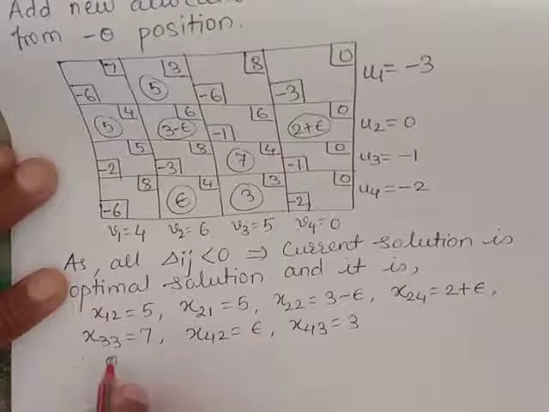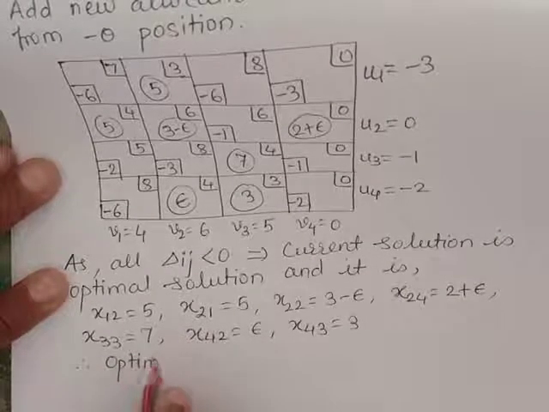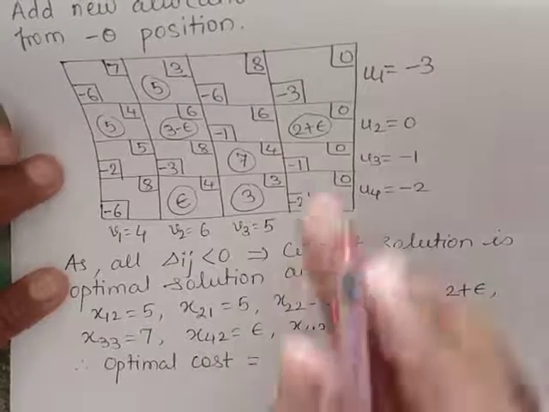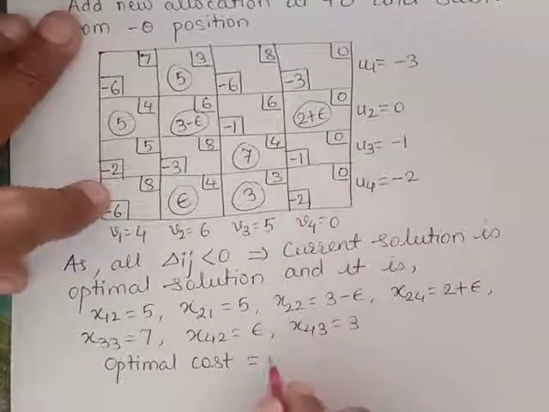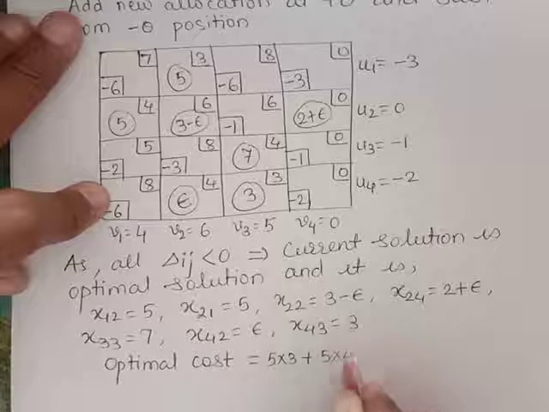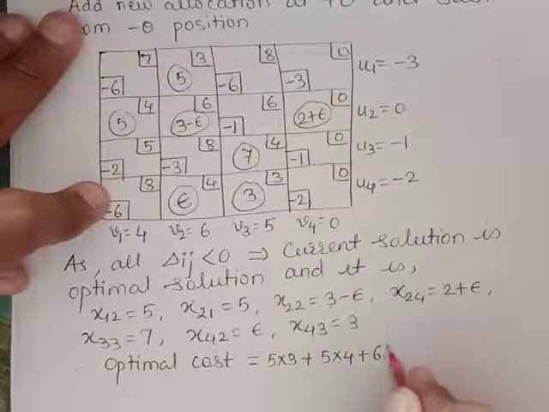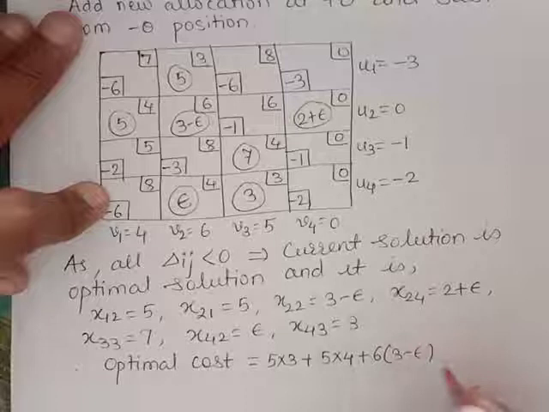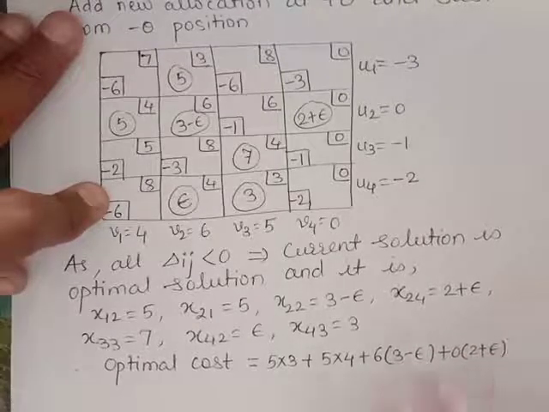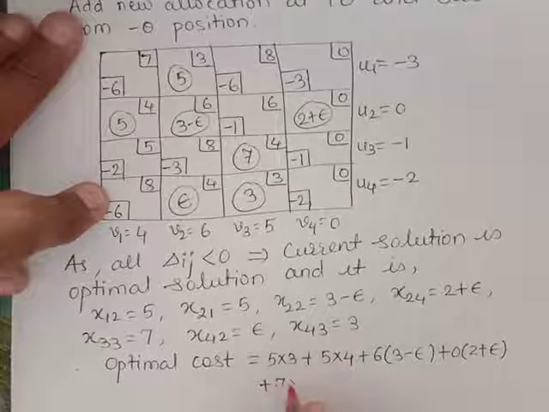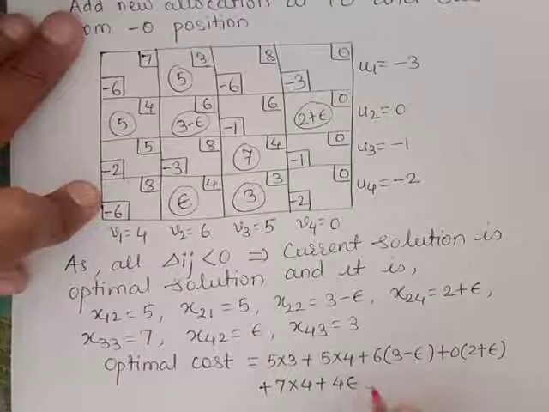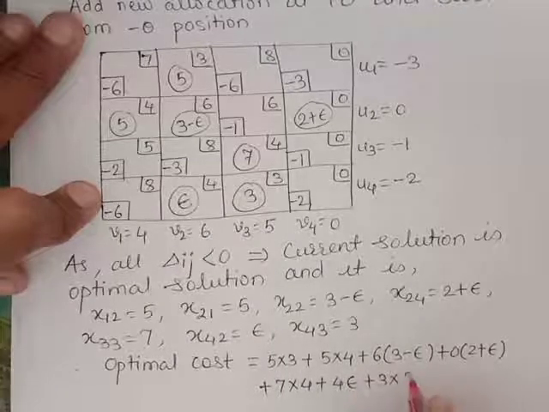therefore optimal cost equal to, this is 5 into 3 plus 5 into 4 plus 6 into 3 minus epsilon plus 0 into 2 plus epsilon plus 7 into 4 plus 4 into epsilon plus 3 into 3.